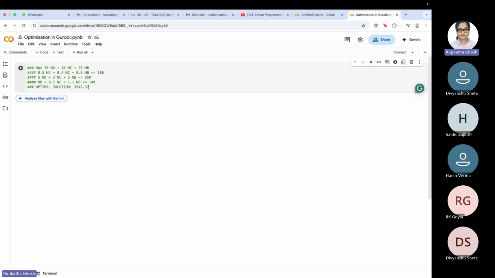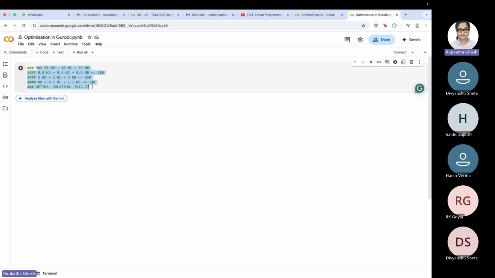So, for those of you who had not attended last class, this is basically a profit maximization linear program for a manufacturer, where ND stands for the number of desks, NC stands for the number of chairs, and NB stands for the number of bookcases. So here he was basically trying to maximize the profits.